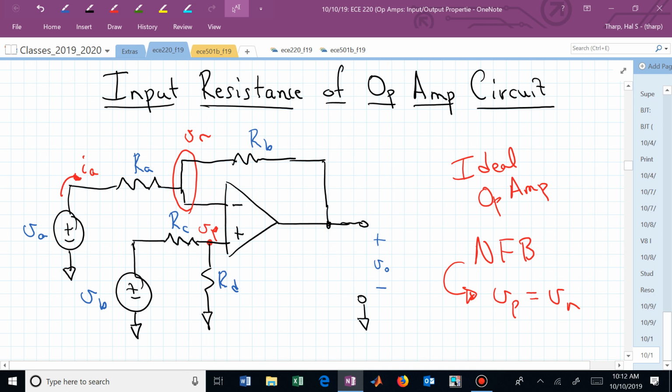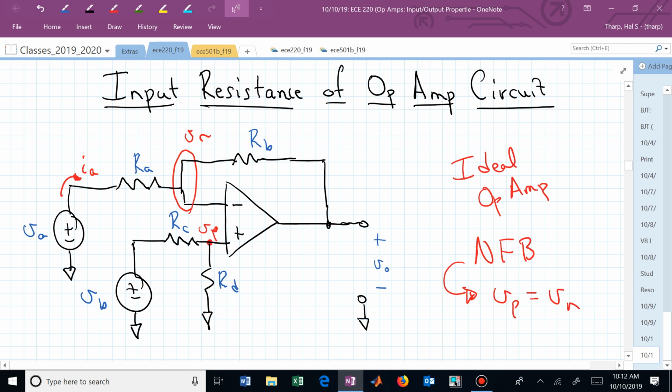What is V sub P? Go back to exam 1. What is V sub P? Can you calculate it even if you don't remember? It's a voltage divider, but if you don't remember, you can say, well, let me just do KVL and compute what the voltage dropped across R sub D is once I find that mesh current.